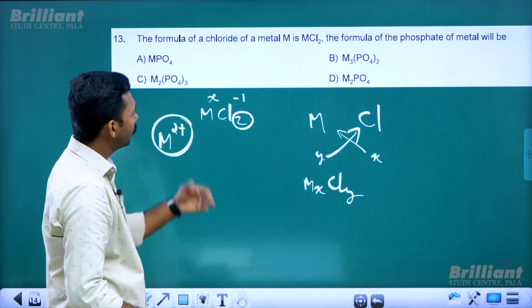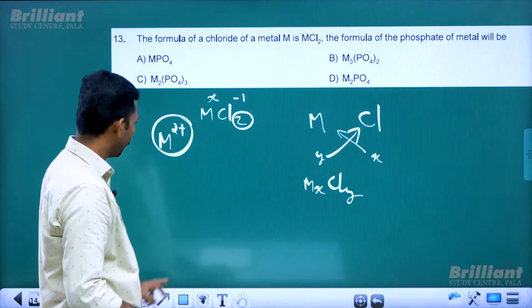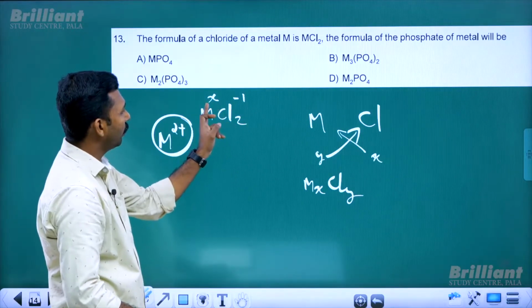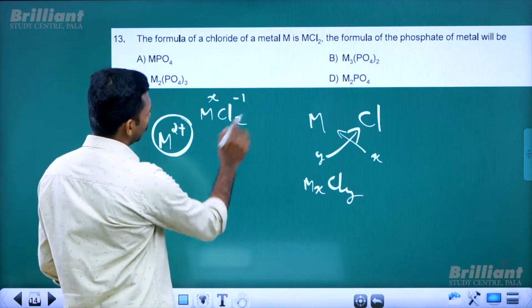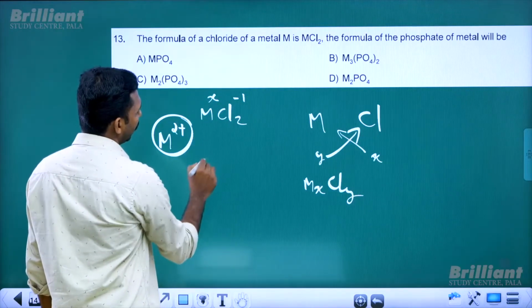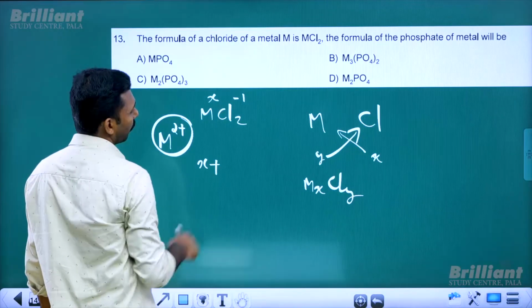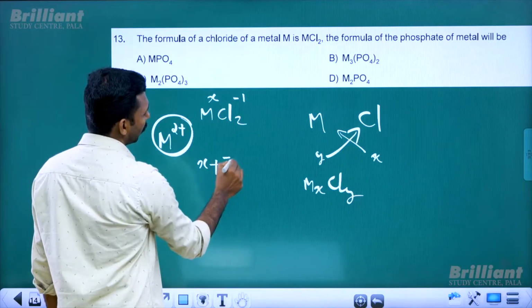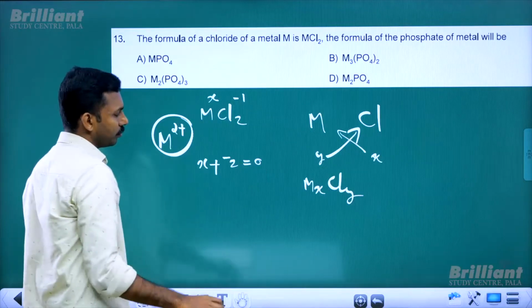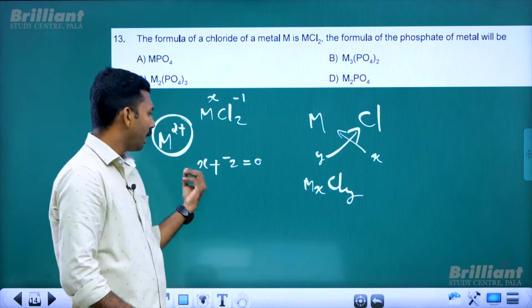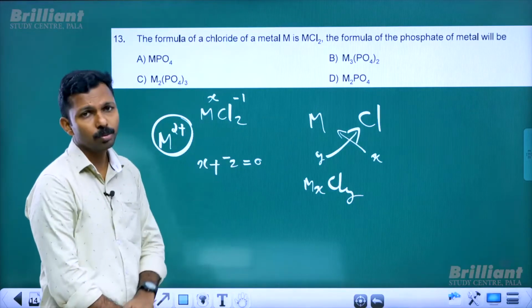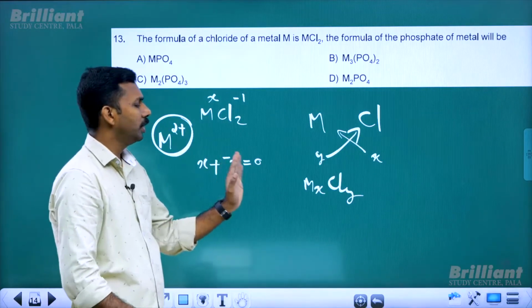Okay, and also there is another way I am telling you. That is why I am writing X and -1 here. So using this method, we can say that X plus -1 into 2, that is equal to -2, should be 0. The molecule should be electrically neutral. If we are adding all the valencies of the corresponding elements, there must be 0.